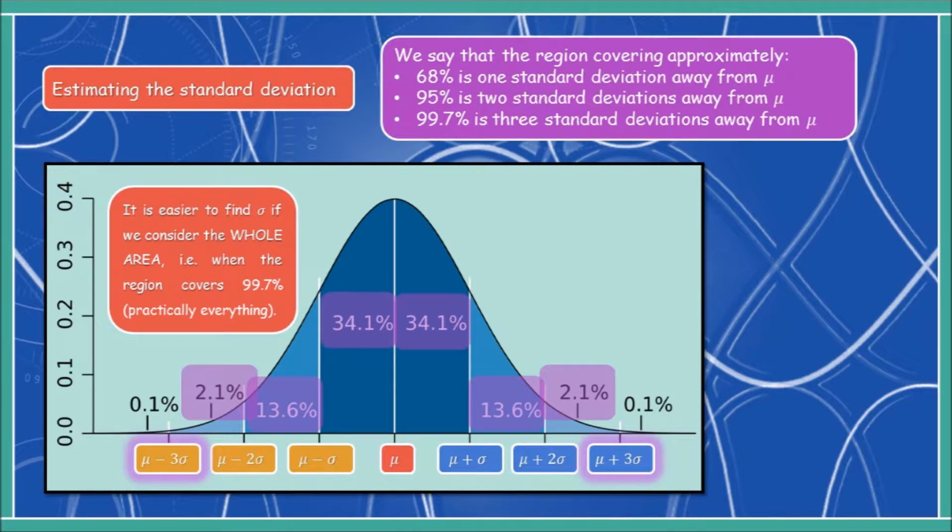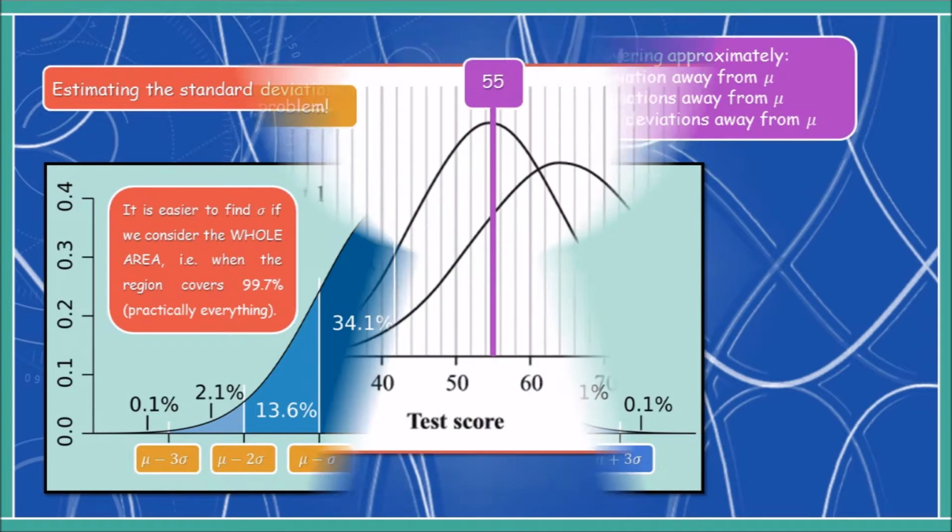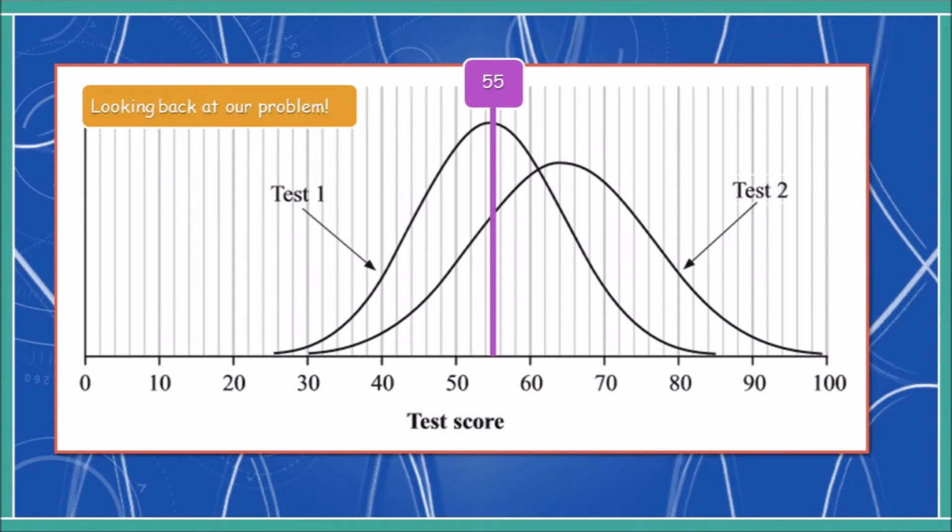So what we can do now is replace mu with 55. We should never work with plus or minus sigma or 2 sigma. We should work with the whole area, the plus or minus 3 sigma, because if you look back at the graph, considering the entire bell curve, the minimum point is 25 over here and the maximum point is 85.